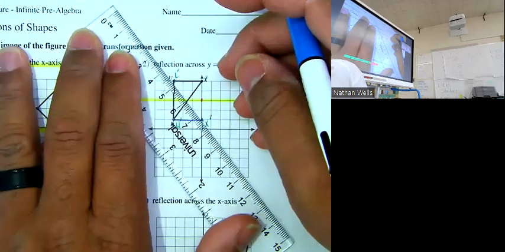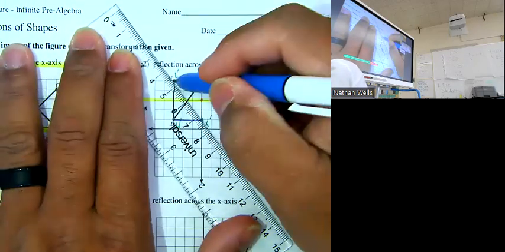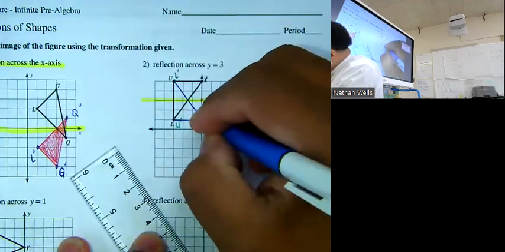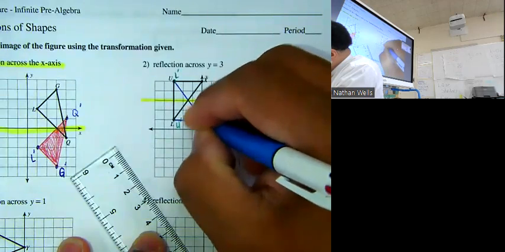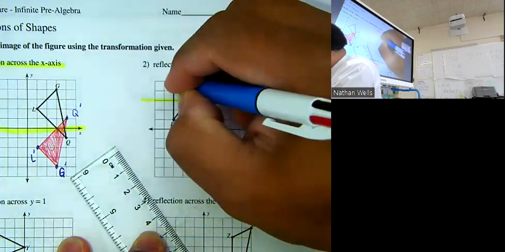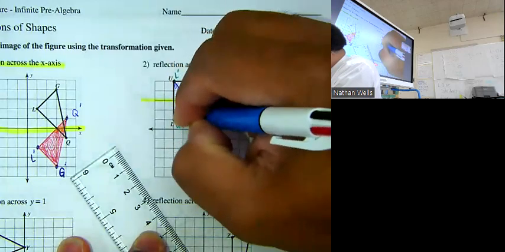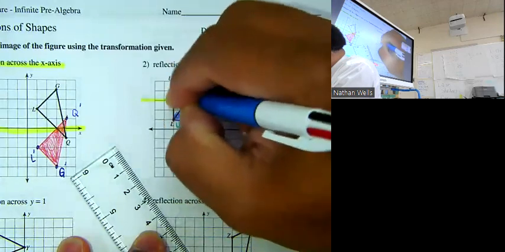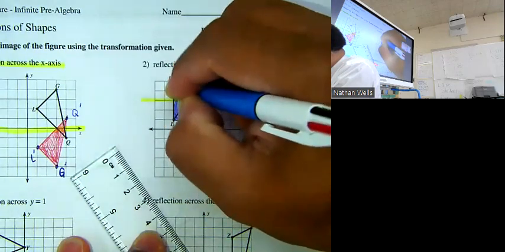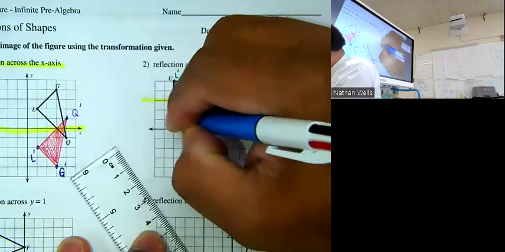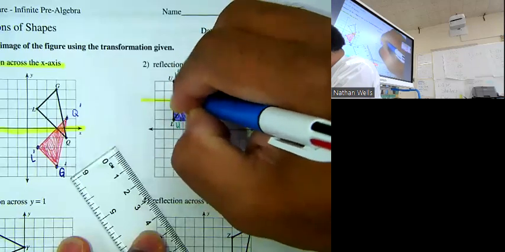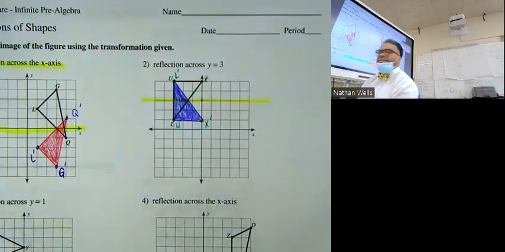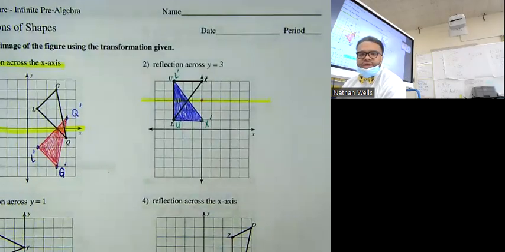So I'm going to make sure that X prime and L prime are connected. And of course, so that you can see it better, I like to shade in my image. Because especially when they overlap, sometimes it's hard to see what you just reflected. So that is my reflected image.